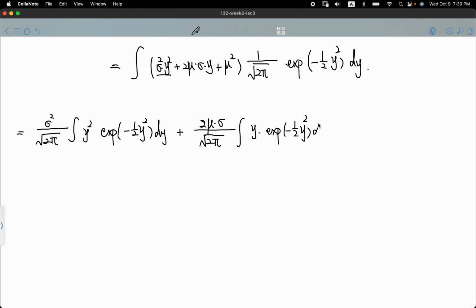Looking at this, it is an odd function times an even function, so this will go to 0 right away. This is only because it's evaluated over the upper and lower bounds.